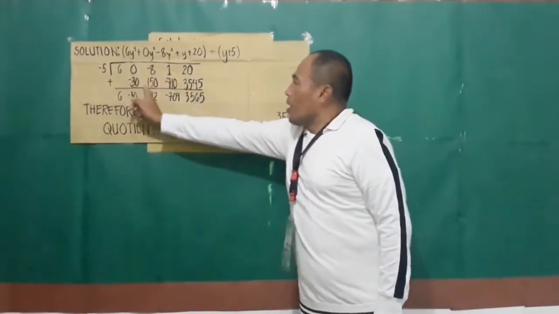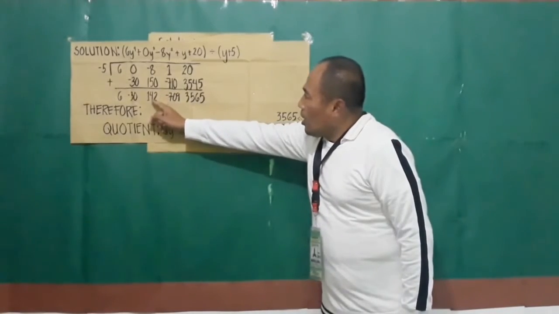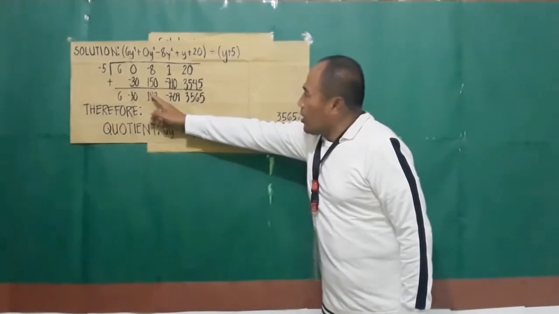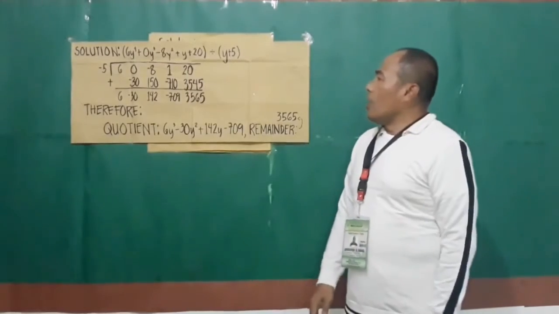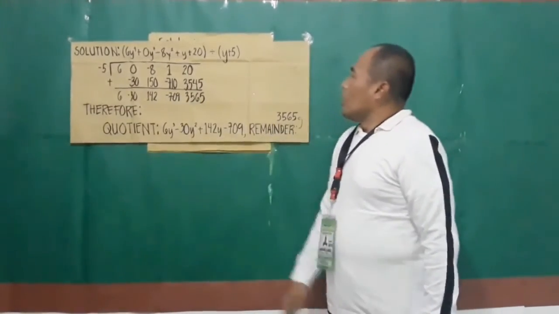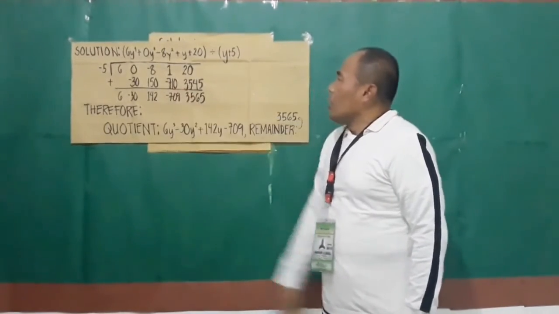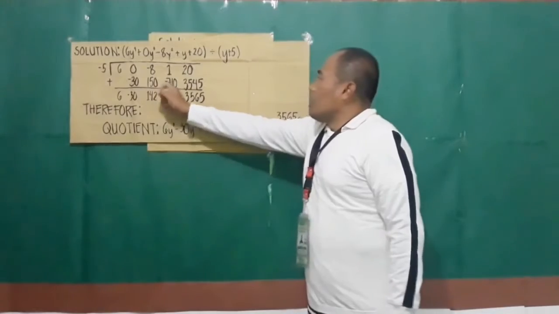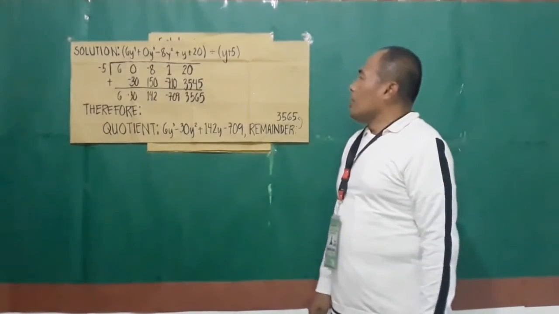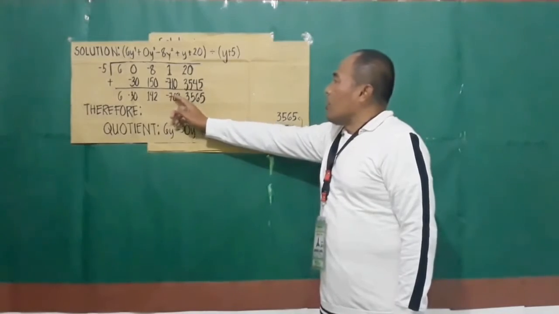Negative 8 plus 150 gives 142. 142 multiplied by negative 5 gives a product of negative 710. And 1 plus negative 710, the result is negative 709.